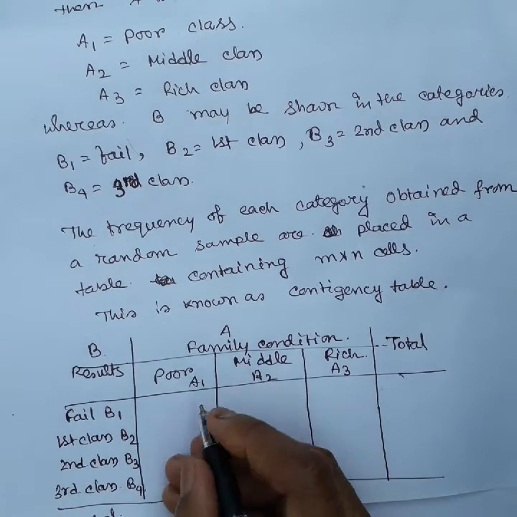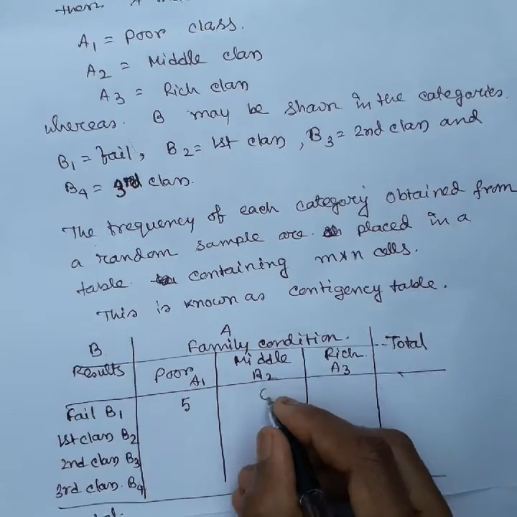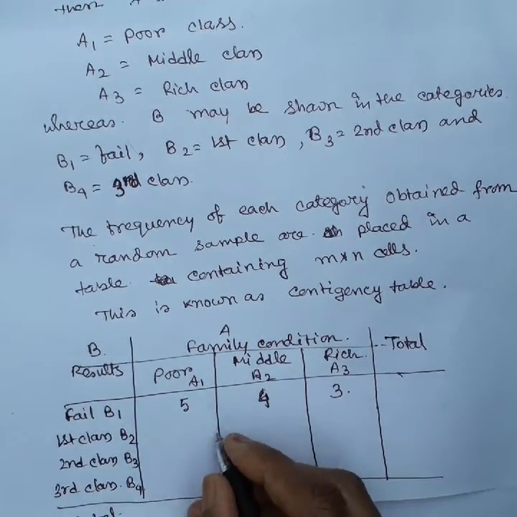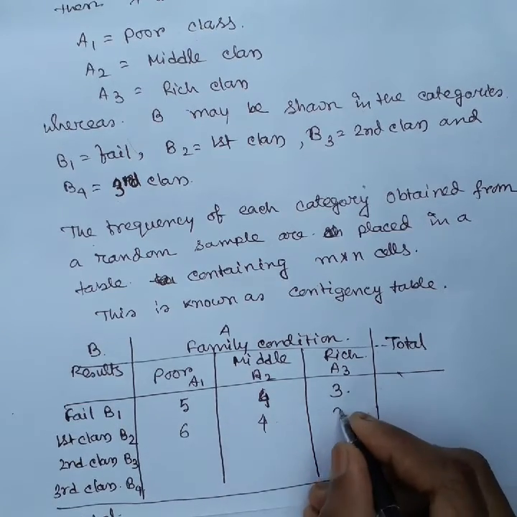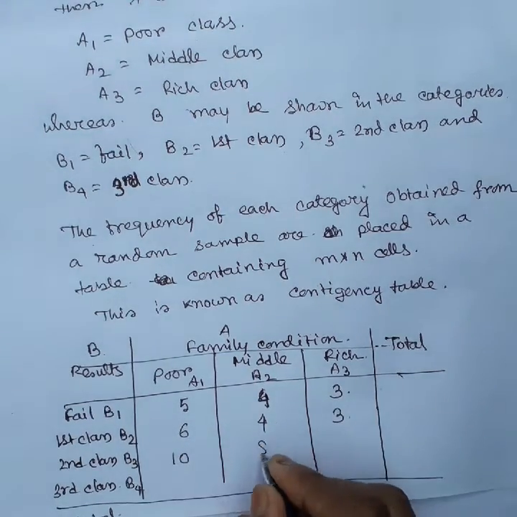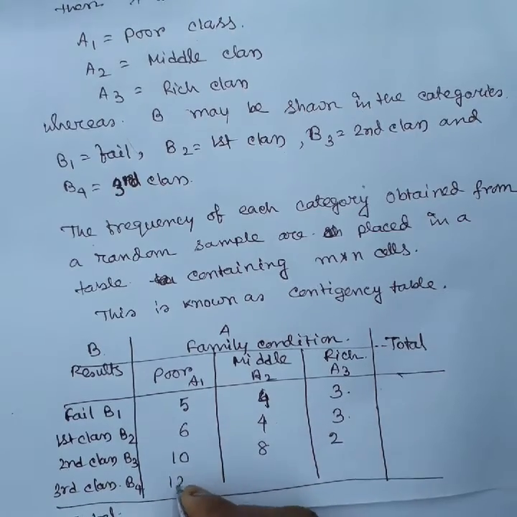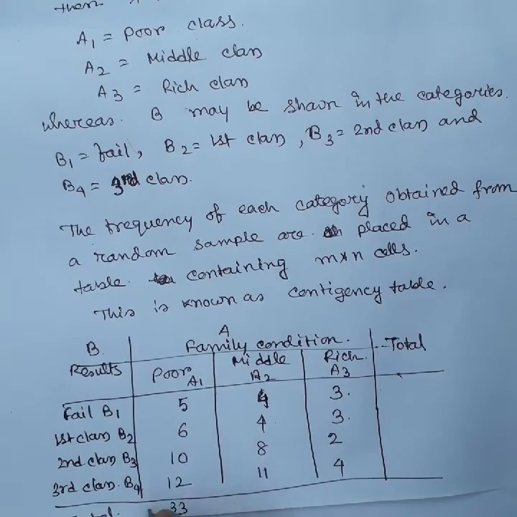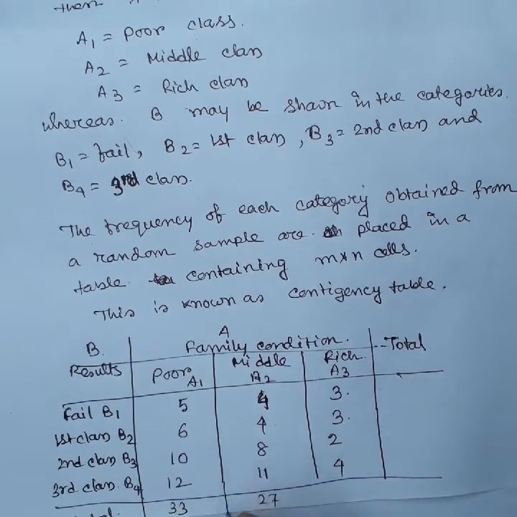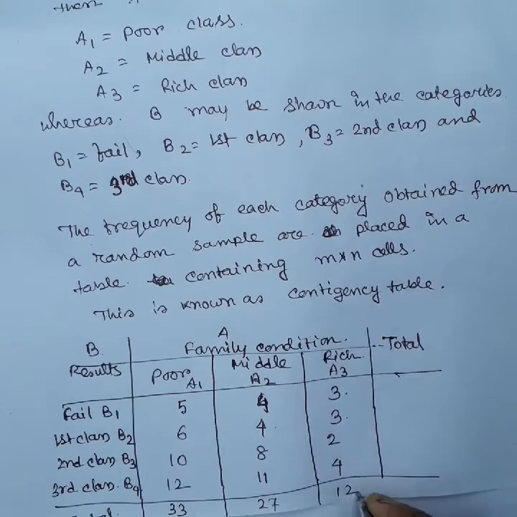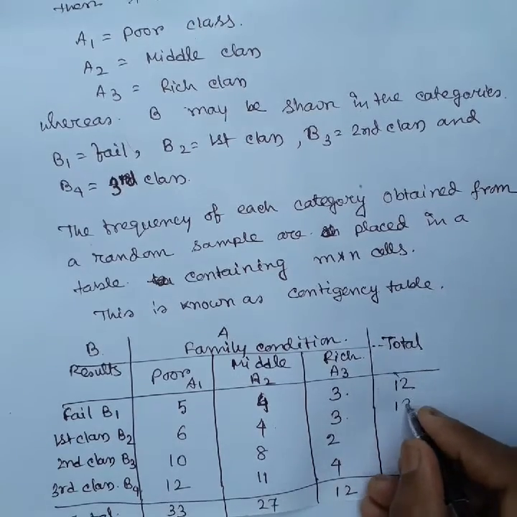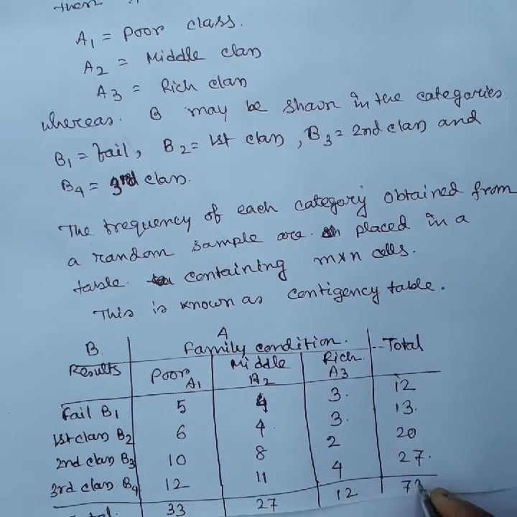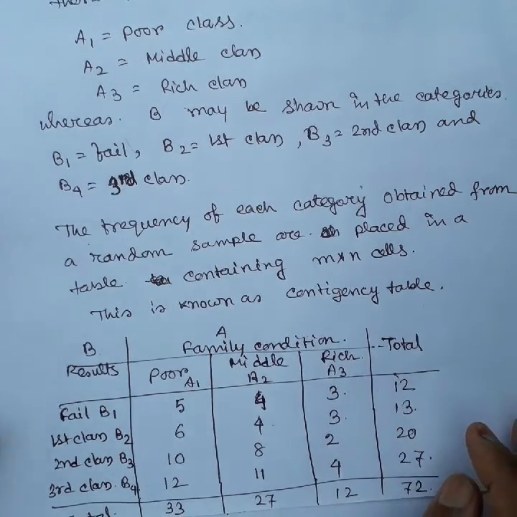Okay, so if the values are of this type: 5, 4, 3, 6, 4, 3, 10, 8, 2, 12, 11, 4, so this is 33, this is 27 and this is 12. This is 12, 13, 20, 27. The total value on both sides is equal to 72.